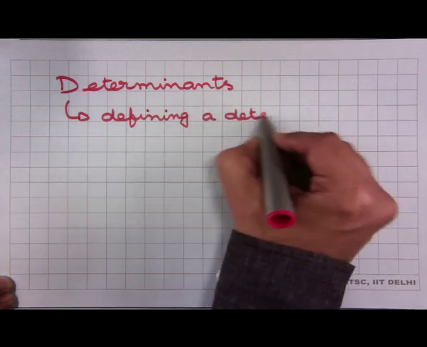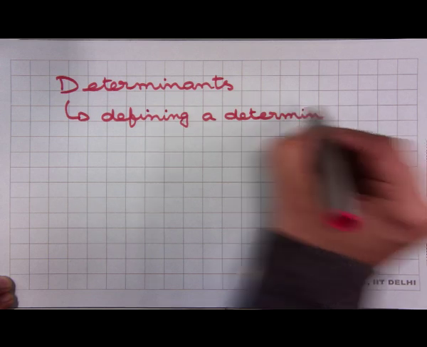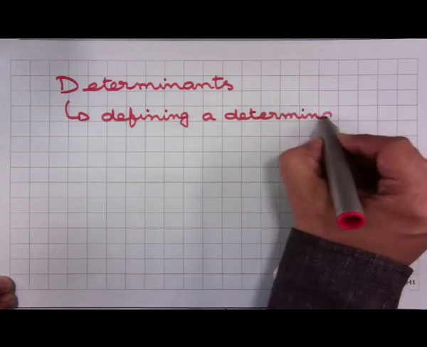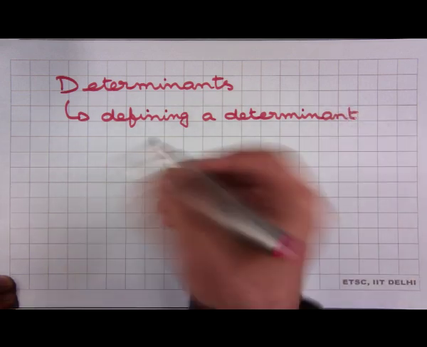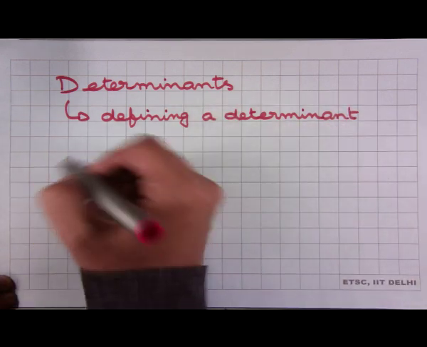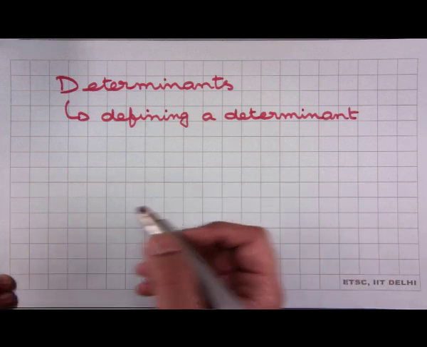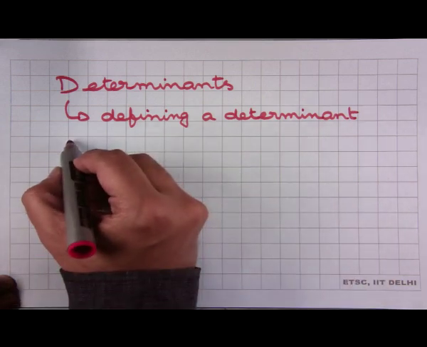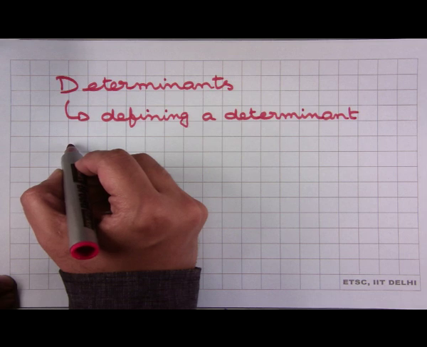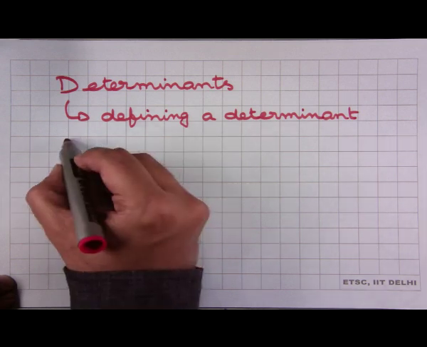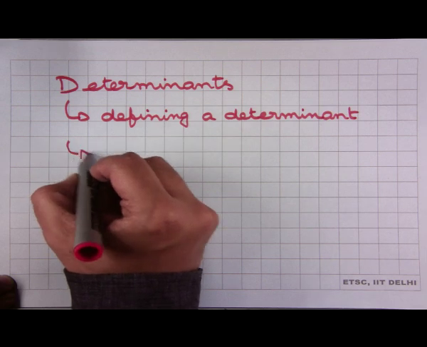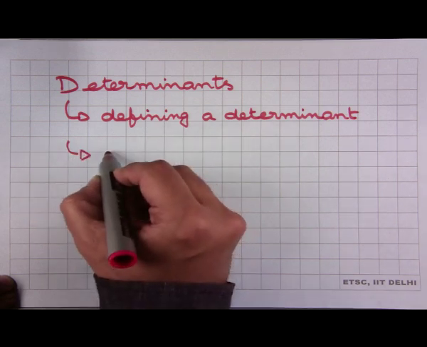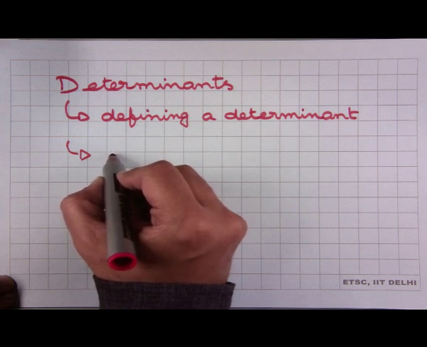We start by noting that determinant of a scalar is the scalar itself, and then from there move on to defining a 2 by 2, 3 by 3 and a general n by n determinant through the calculation of the elements, minors and cofactors. And before that we looked at some places where these determinants arise.